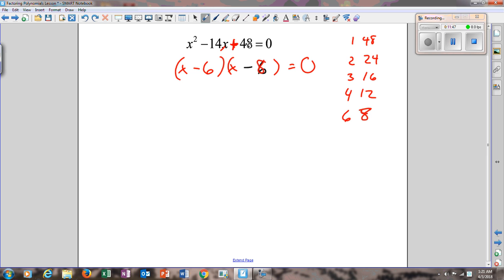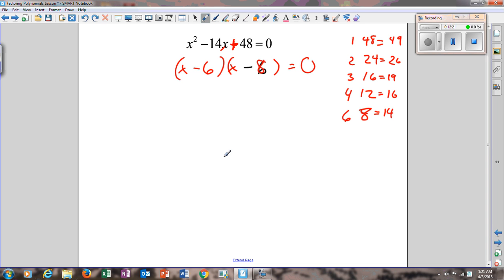If this number in the back is a plus, and this one here is a minus, then you know that it has to be a minus and a minus here. And then to figure this out, I would just add these two together. 1 plus 48 is 49. That would have given me 26. That would have been 19. That would be 16. And that one's 14.